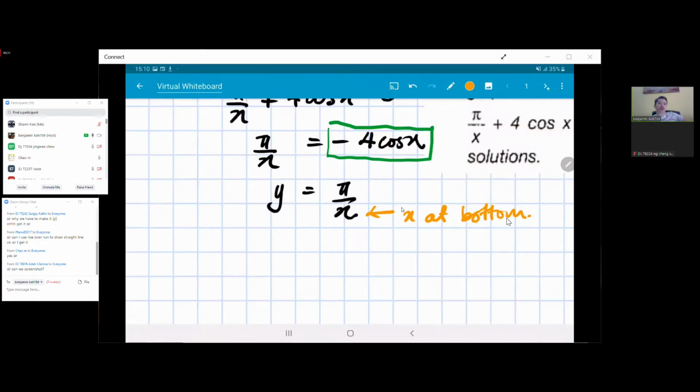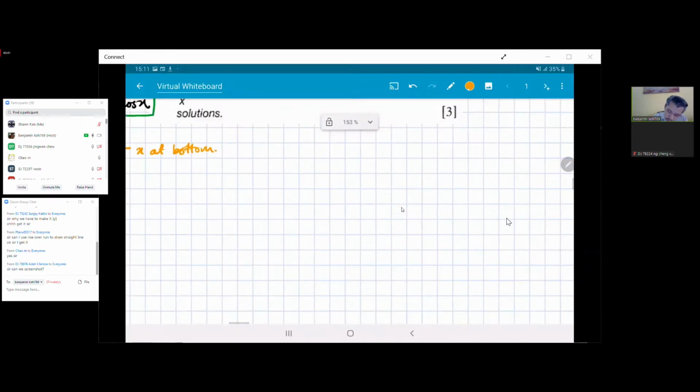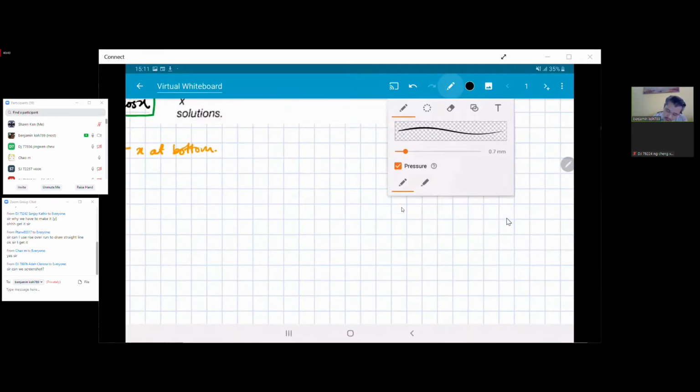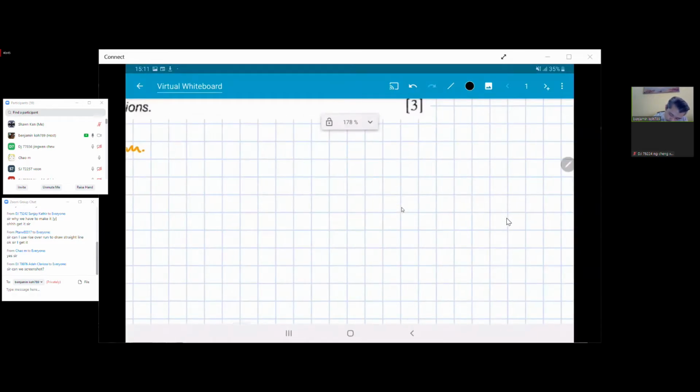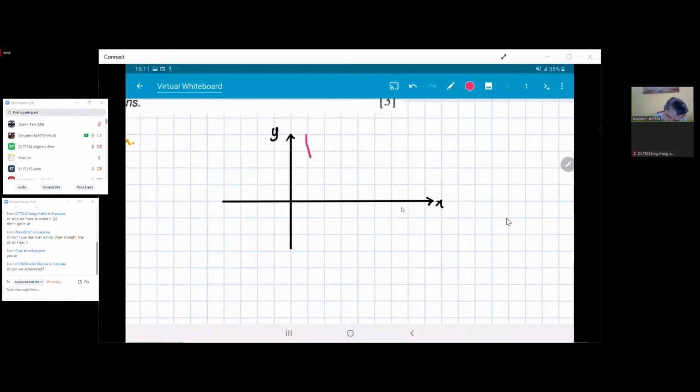So what do I mean? Now if you recall in your maths in Form 5, you have learned a graph whose shape is a bit unique. Let's recap. Do you remember or not? You have learned this graph shape. Here you have your y-axis, and over here you have your x-axis. Do you not remember you have learned a graph that looks like this?